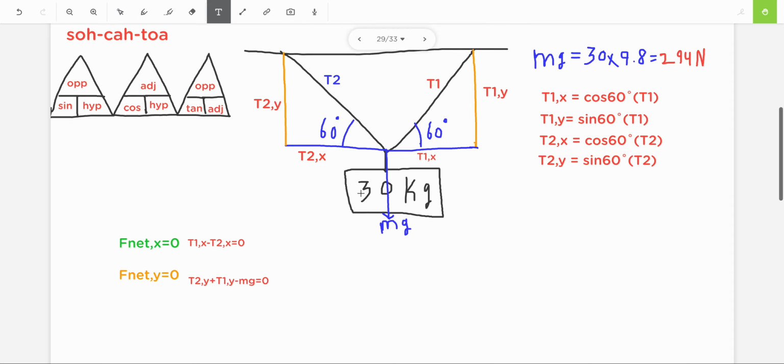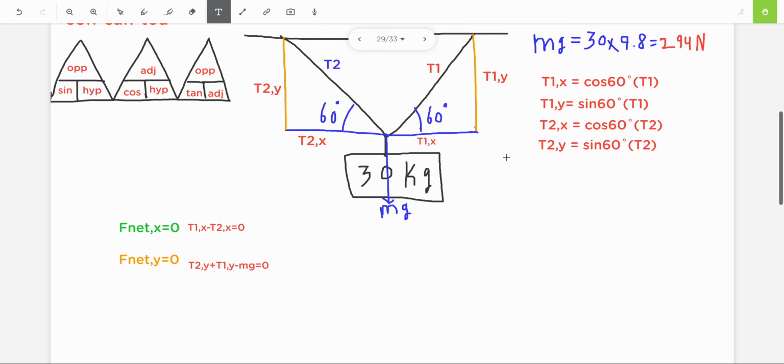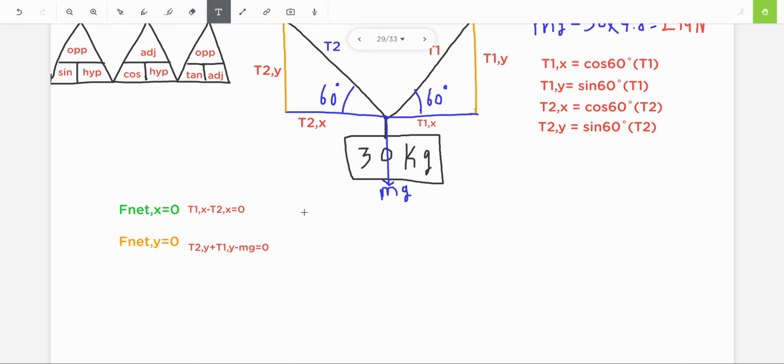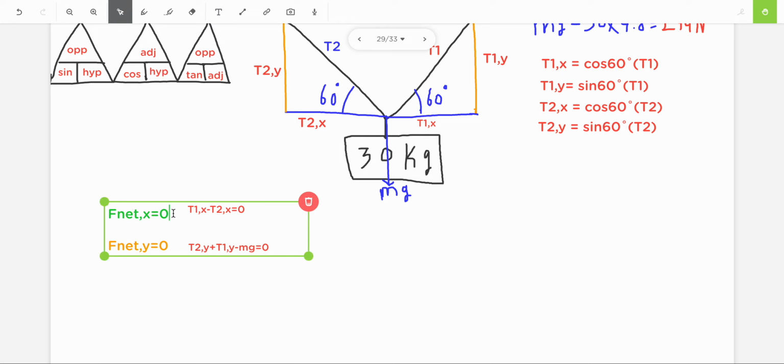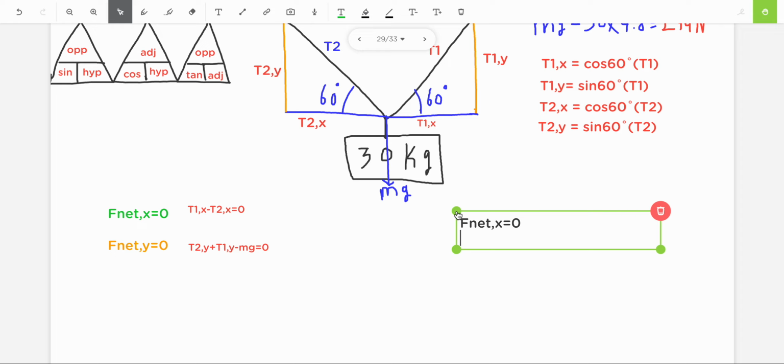So let's check. Okay, now we will solve for F net x.